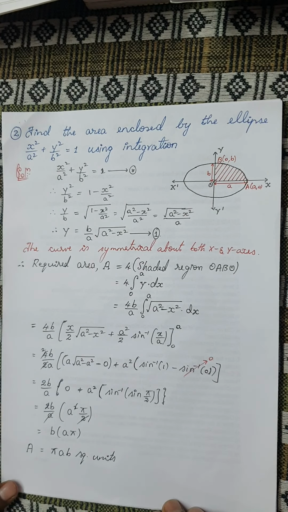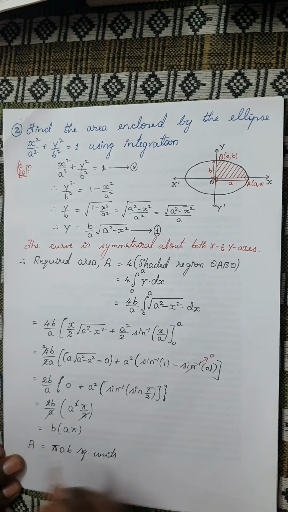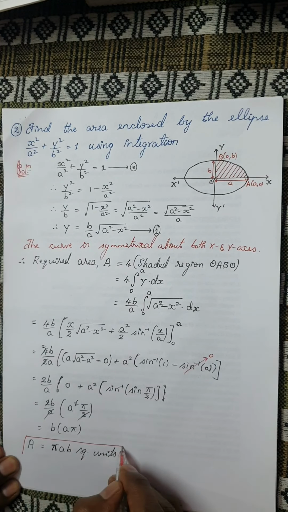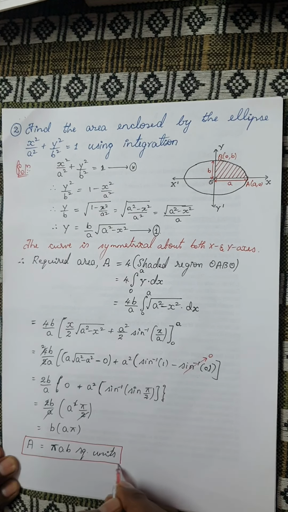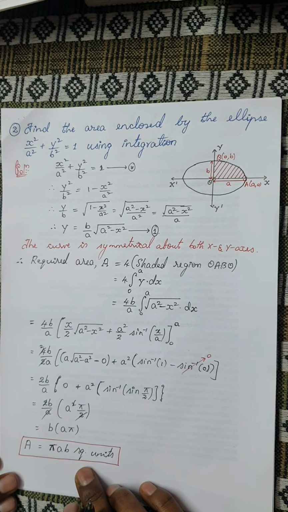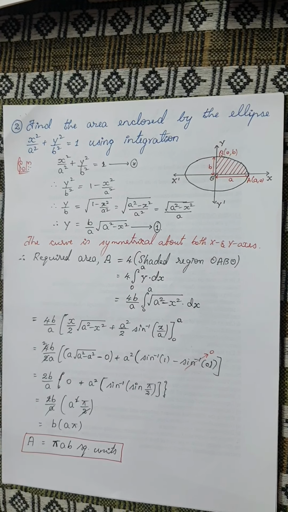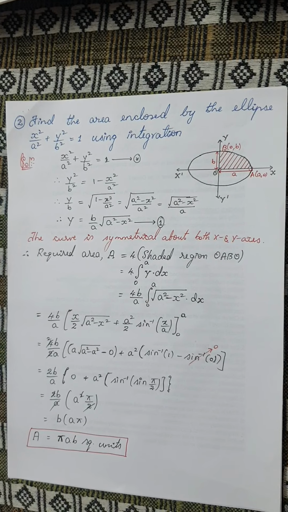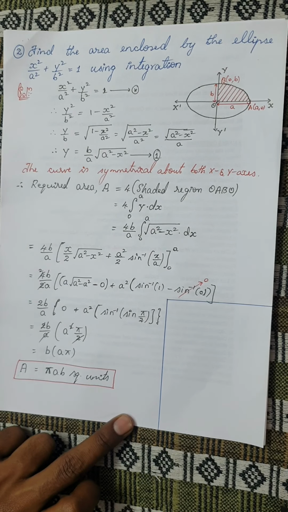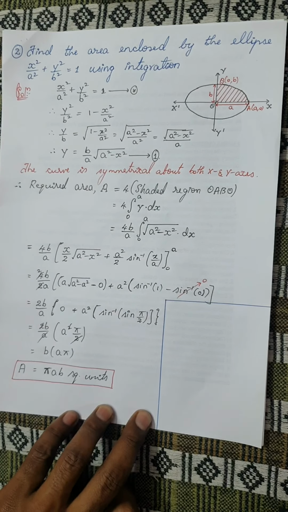So I get the area of the standard ellipse x square by a square plus y square by b square equals 1 as pi ab square units. If they just ask you this much, you can easily solve it and get 5 marks.